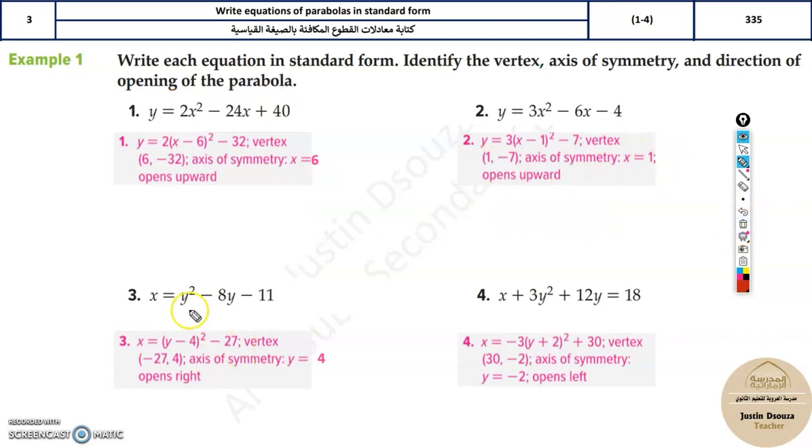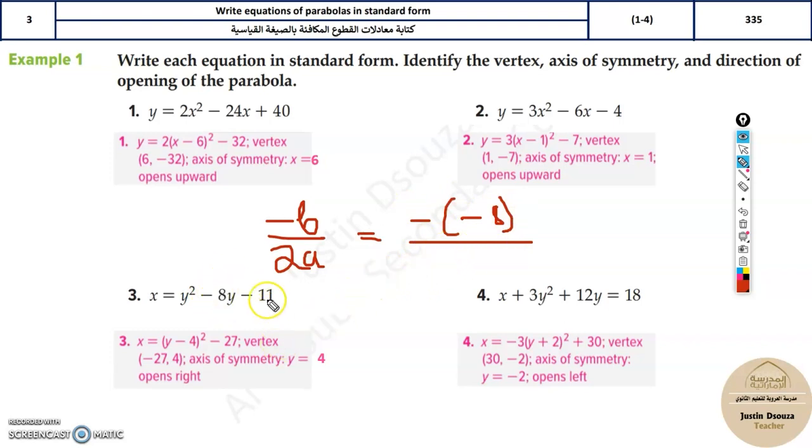I'll do one more over here. Here now, the values have changed. I mean, it is not a vertical axis, it is a horizontal axis. But still, the formula is the same thing, minus b by 2a. And all you need to do is put the values in. b is minus 8. The b does not change, a does not change, c does not change. Only the x and y change.